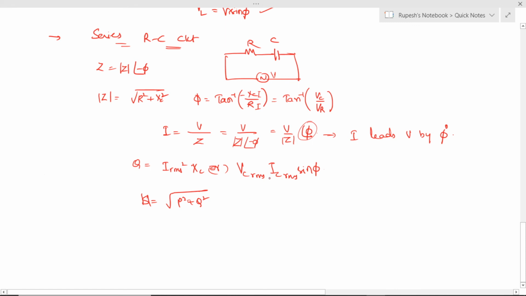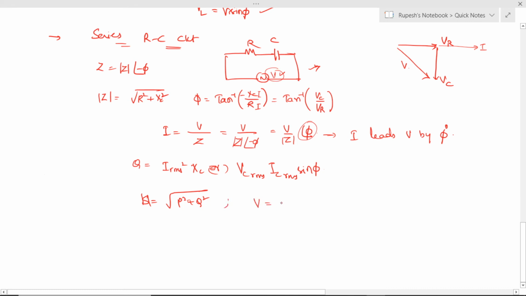And if you draw the phasor diagram for this circuit, what will it look like? So the VR will be along the positive horizontal direction, and VC is below VR, because here the current will be in this direction, and the voltage across the capacitor lags the current by 90 degrees. So the resultant voltage will be like this. That resultant voltage is nothing but the source voltage.